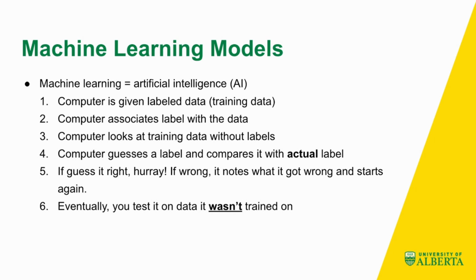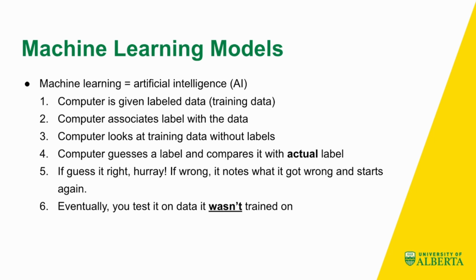I won't go into this at all, but it manages to associate something underlying in the data with the label we've given it. We have not told it these underlying features. It figures it out. The computer then looks at a bunch of data that doesn't have labels and tries to guess them.